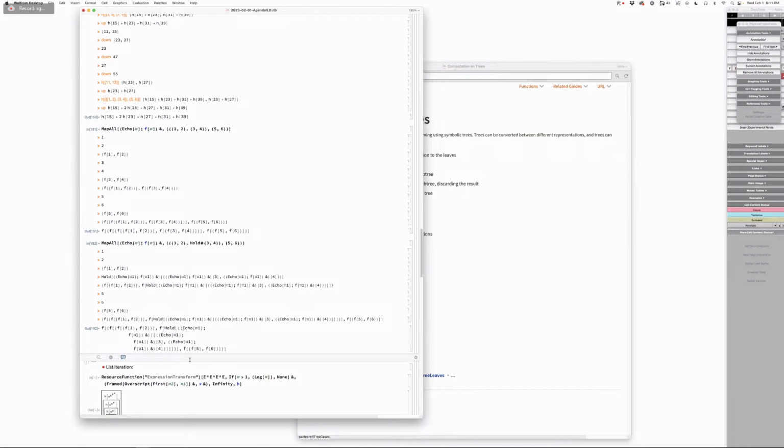Okay. So the way I should think about it, even though I do think a map all is going up from the bottom, that's only because of the evaluation thing, but it is going down from the top. It's structurally recursing through an expression. Right.